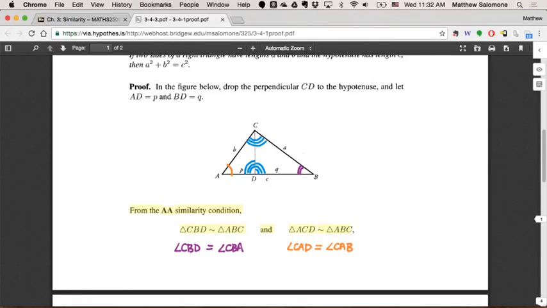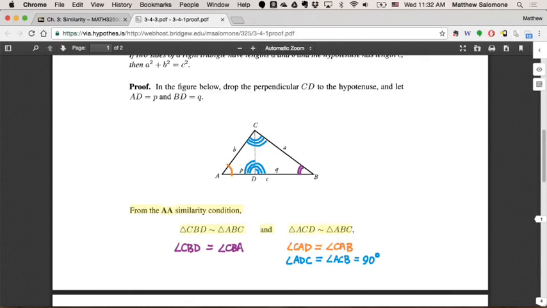So what do we call that? ACB, which is the right angle in our big original triangle. So I'm going to say 90 degrees. And that is then congruent to, in our smaller triangle ACD, the angle ADC.